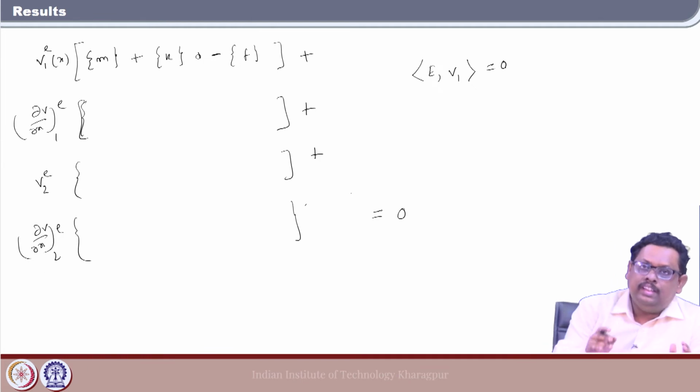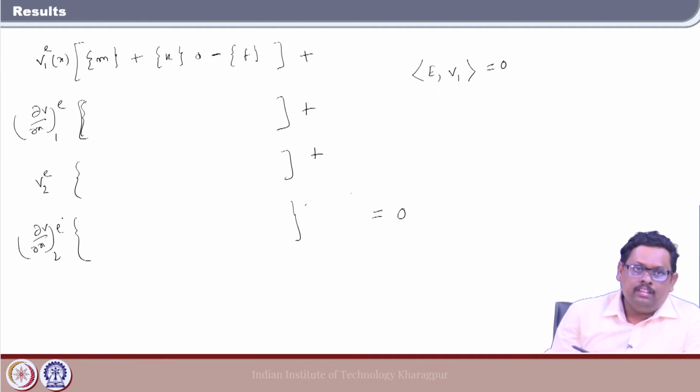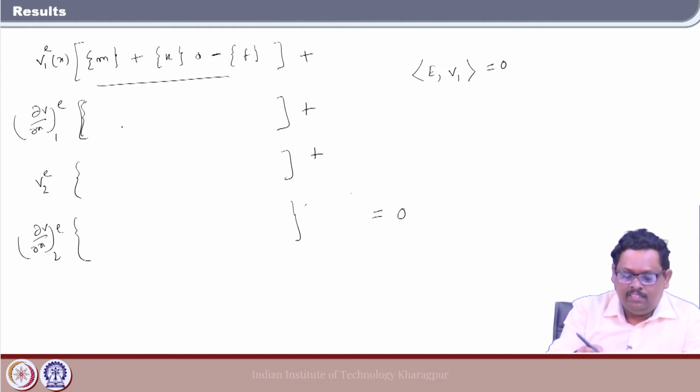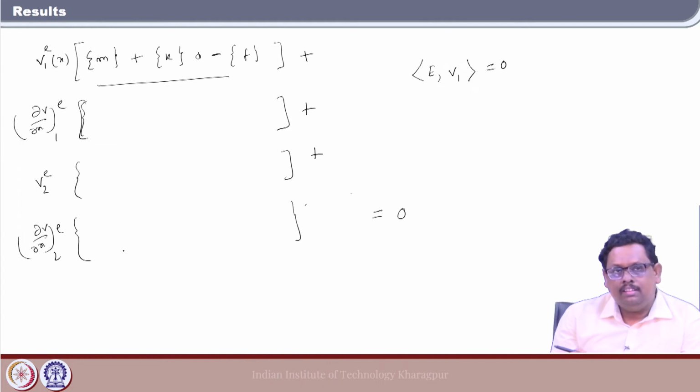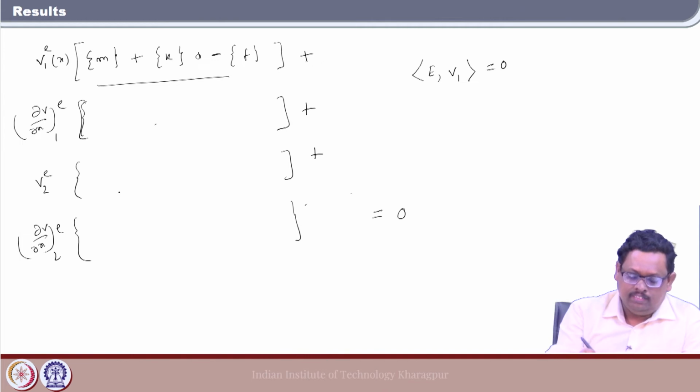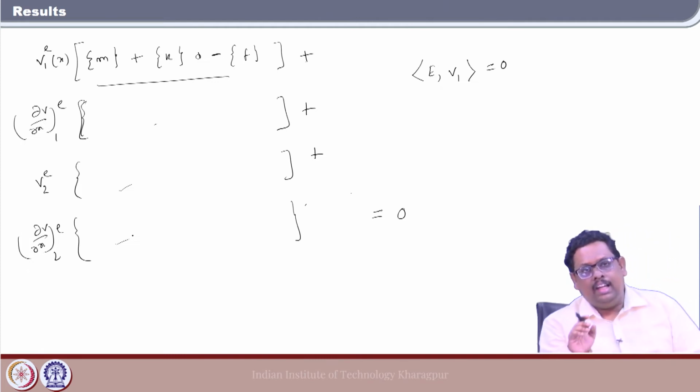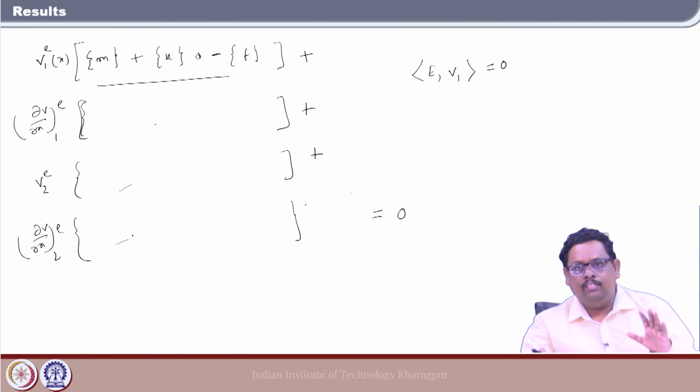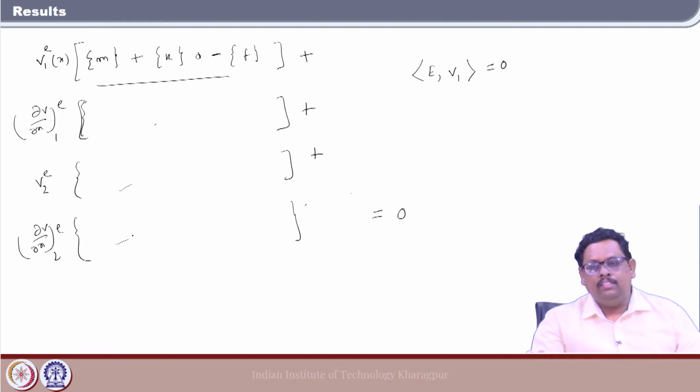Now, if these are independent of each other, and this has to be 0, then all the terms associated with this should be equal to 0. So, if I do that, then you can have 4 equations. You have one equation for this, one for this, one for this, and one for this, right. So, this is the idea. Now, you see I have 4 unknowns. My 4 unknowns are what?